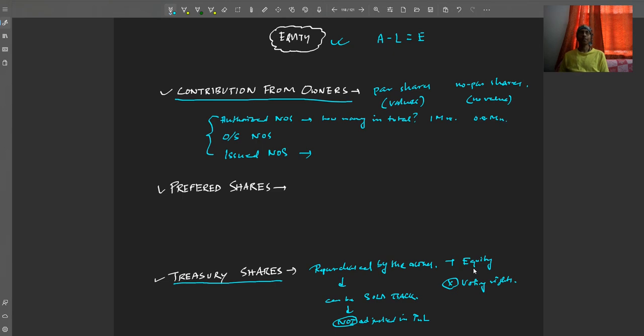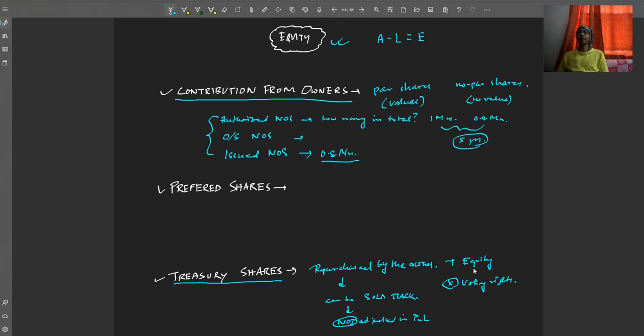So this becomes the number of issued shares, 0.8 million shares. Now let's say this has happened over a period of 5 years, right? And this is basically the resultant number of issued shares. But in between, there have been repurchases also. So the company has repurchased and they have made those shares treasury shares.